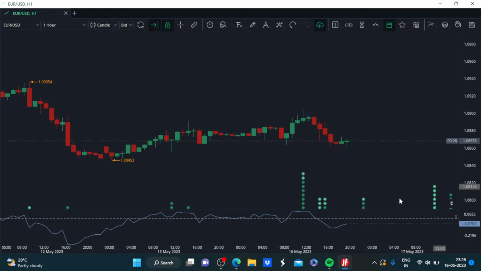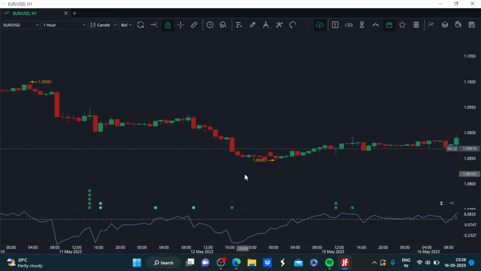So if we have strong moves in the underlying instrument, then there will be a lot higher disparity if things move sharply. And if in the last couple of candle periods there has been a big move, then we will see the disparity value being quite high or quite low, depending on which side the momentum is.